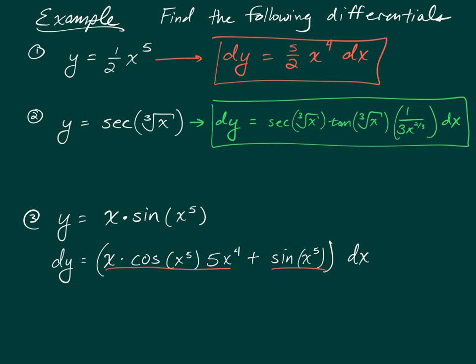If you want to be safe about it, you can put parentheses around the entire side here, and brackets might be better here. We put brackets around the entire right side of this equation and then multiply it by dx. It's a safe move, but it doesn't need to be done unless you have more than one term.